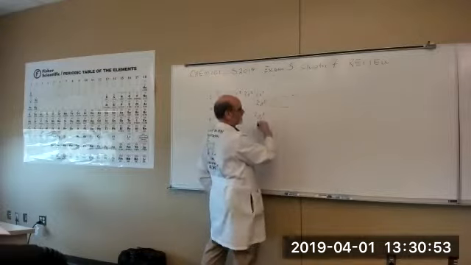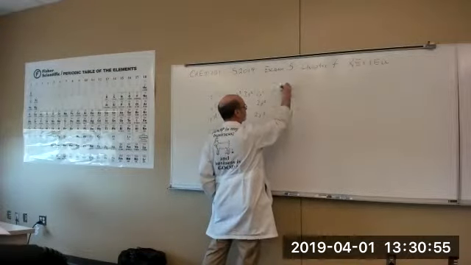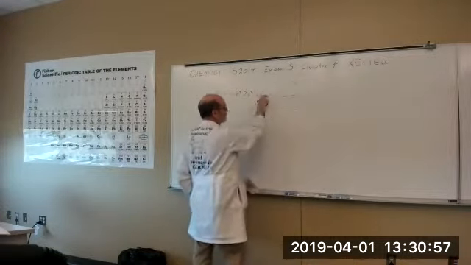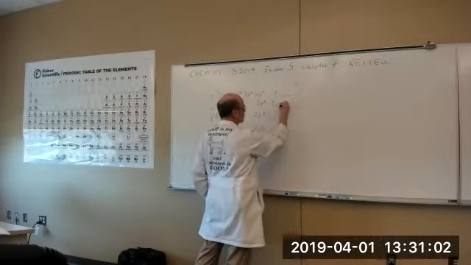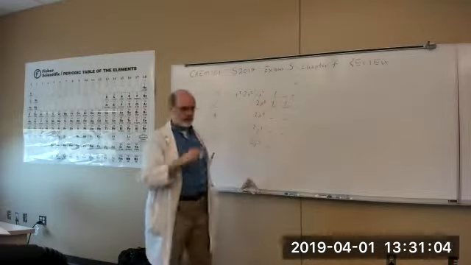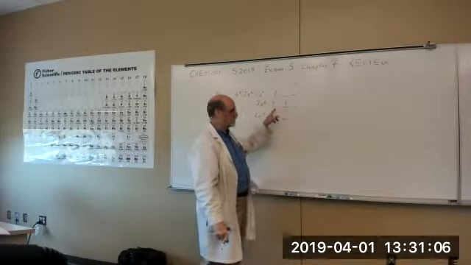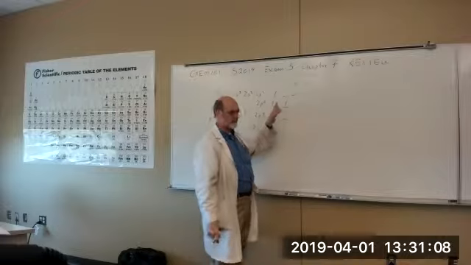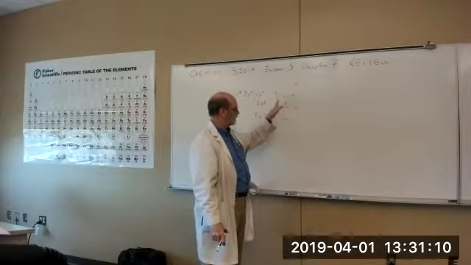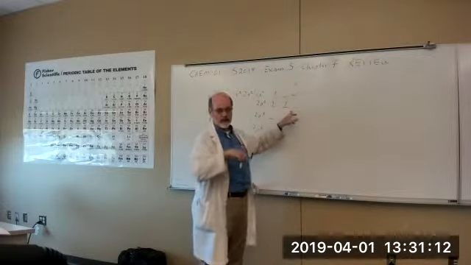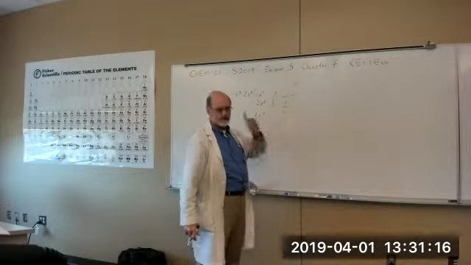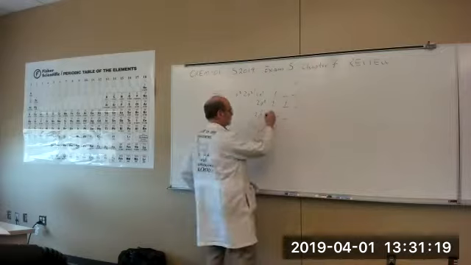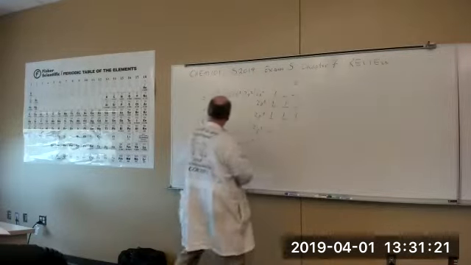Sometimes they call them x, y, and z. So this one's only got 1. This one's got 2. And remember, when you fill these orbitals, you have to put up spin for all 3 of them before you can go back and start putting down spin. You don't pair them up until each one has at least 1 electron. Okay, so that's nitrogen.